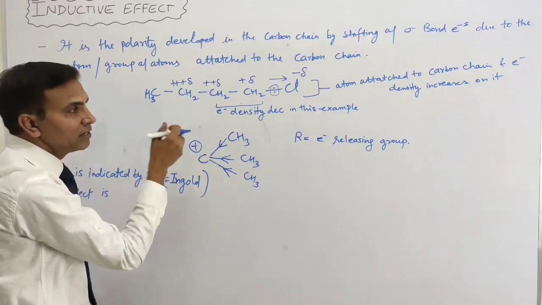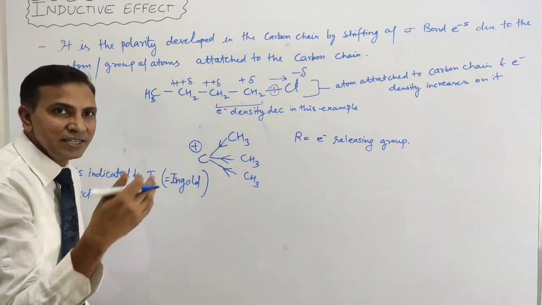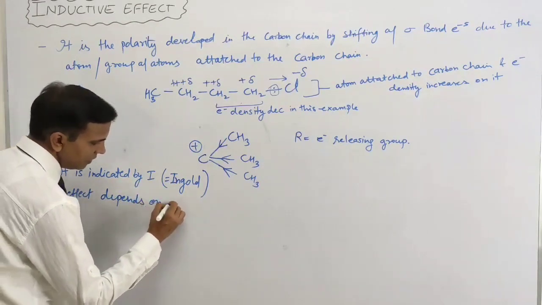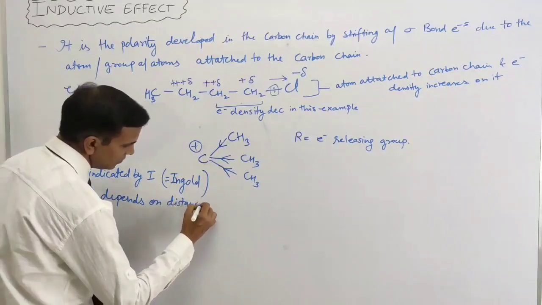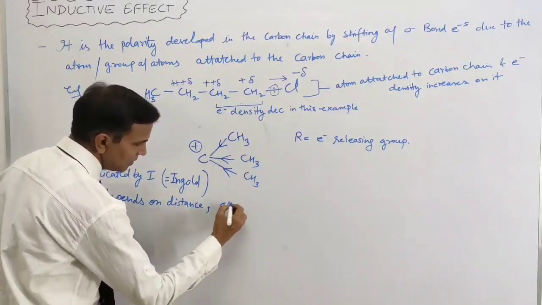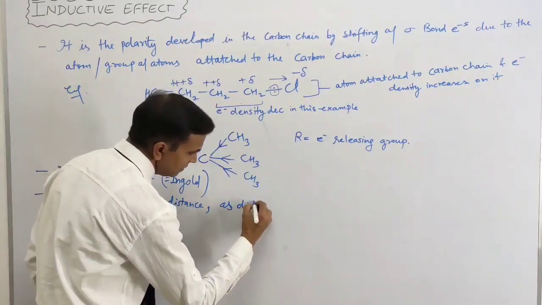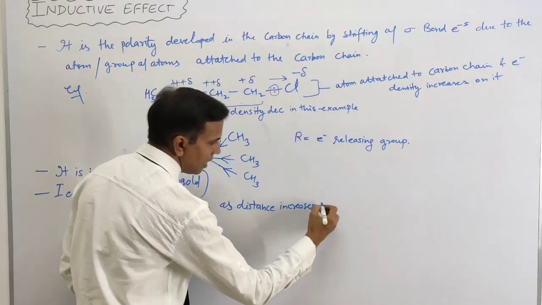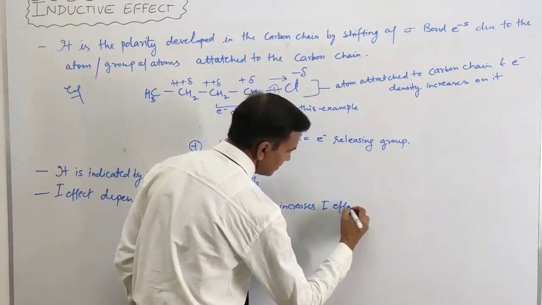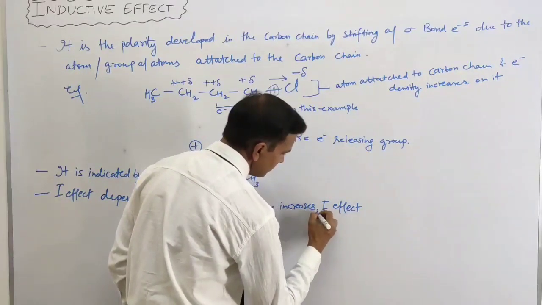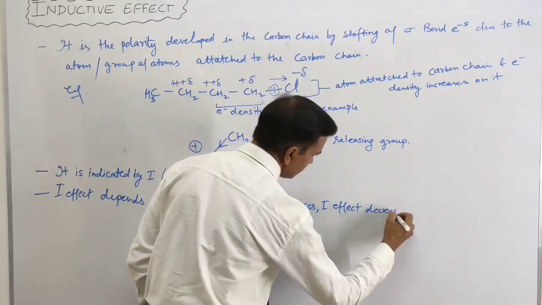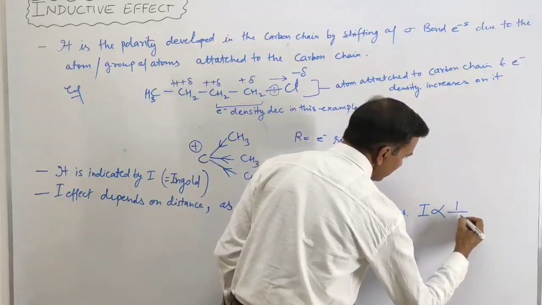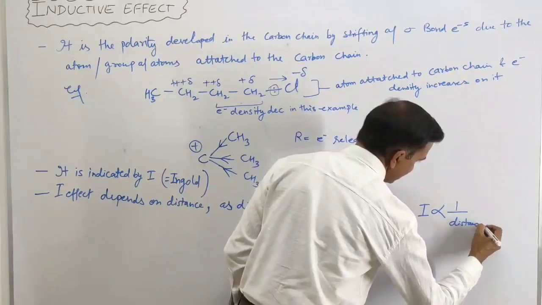Okay. Now next, the I effect is distance dependent. As distance increases, the I effect decreases. So the I effect depends on distance. As distance increases, the I effect decreases, as I is proportional to 1 upon distance.